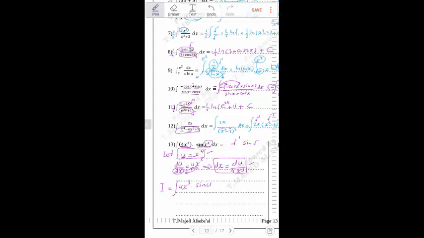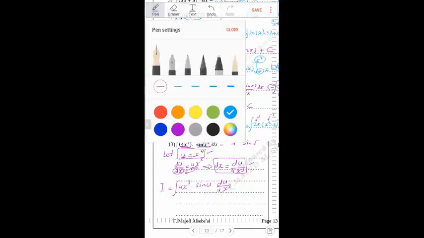Sine u. dx will be written as du over 4x cubed. Right? You understand how I substituted?